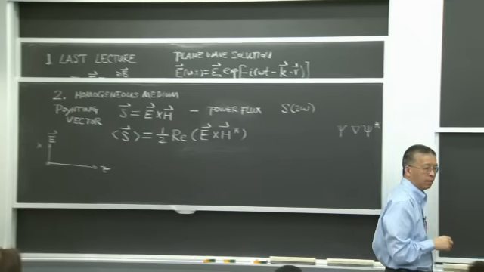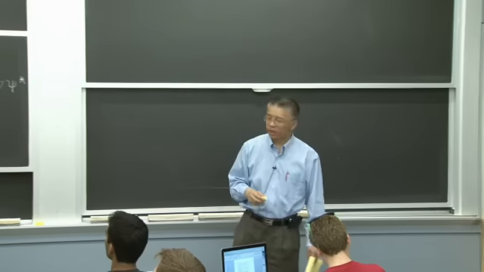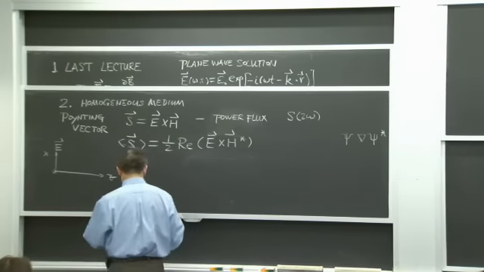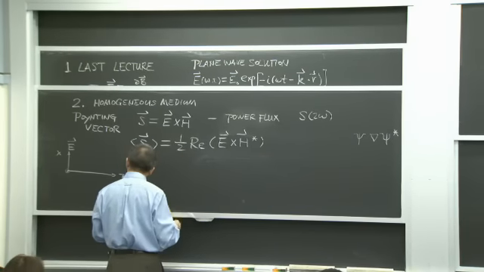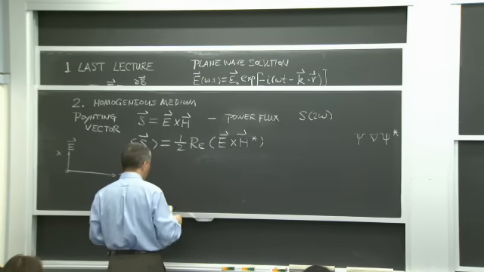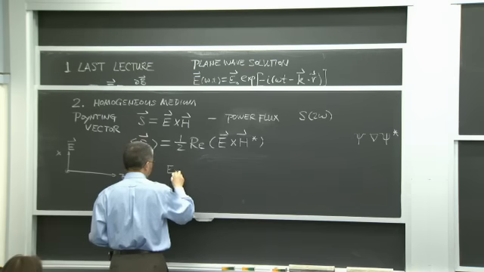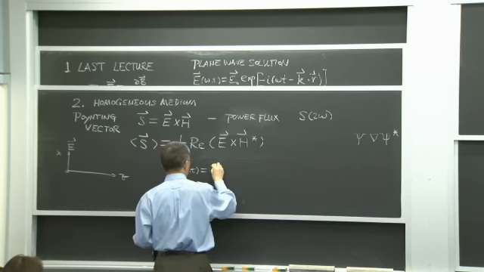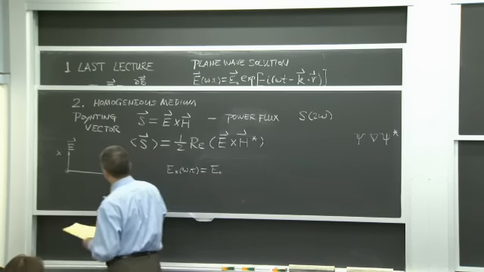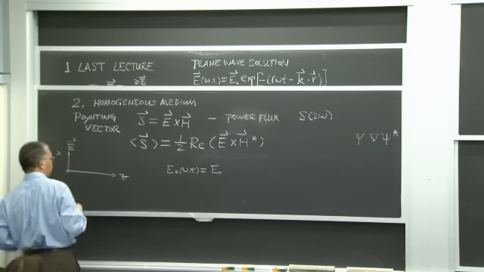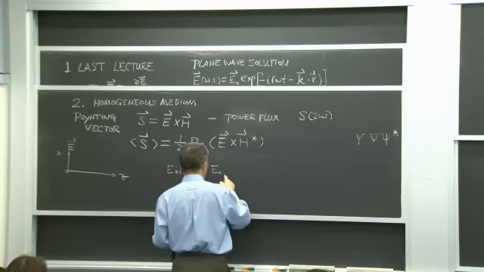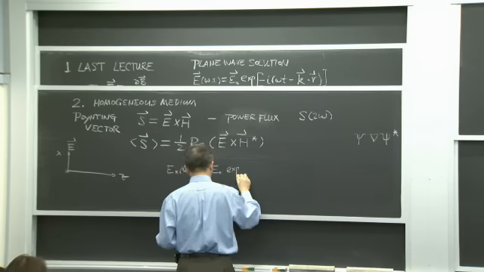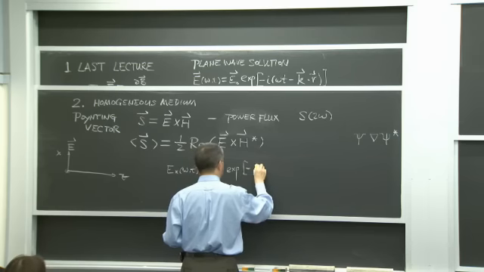Okay? But you can prove it, right? Let's say my electric field is E_x of omega t, so it's an x component, right? The electric field pointing in the x direction only. And it's the magnitude of the electric field times the exponential of minus i.